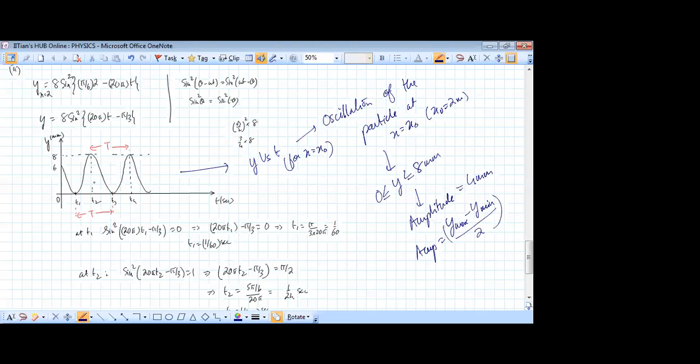While this oscillation is happening, this 4 millimeters position is the mean position, and this is one amplitude. That's why if the function is a sine square or a cos square kind of function, instead of a sine or a cos function, you have to be a little extra careful. And time period we just saw as 50 milliseconds, or 1/20th of a second.